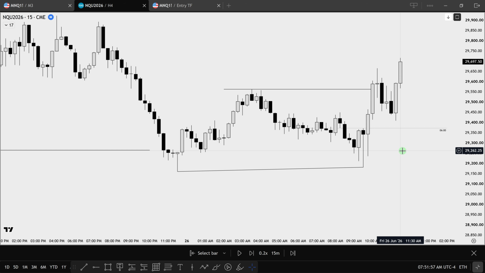So if you missed the main move, then you would have waited for this tap of this gap, because that is the low of the 10 a.m. And after we get that, we do not have to wait because the 15-minute candle has a small wick. All you would need is to drop down to the 1-minute time frame, find a 1-minute order block, and trade it to this high.